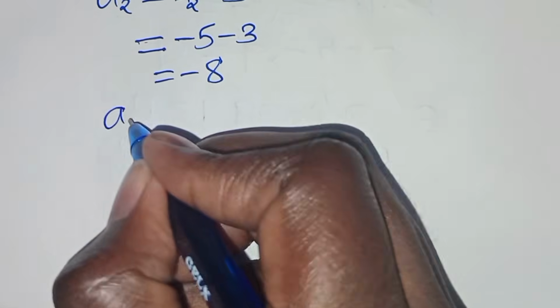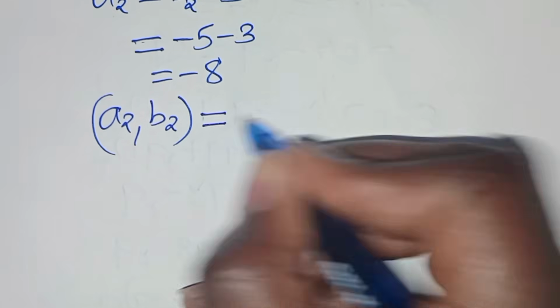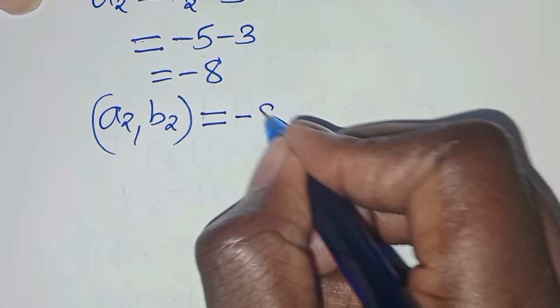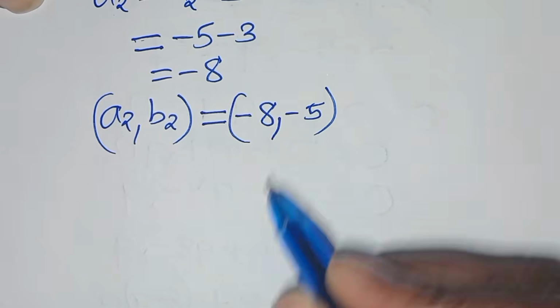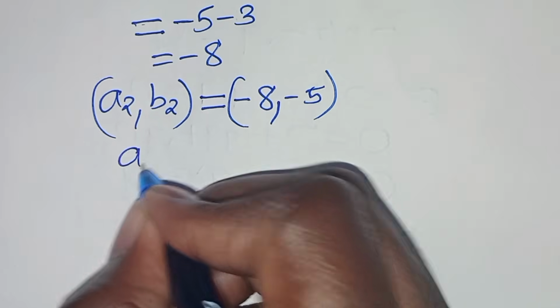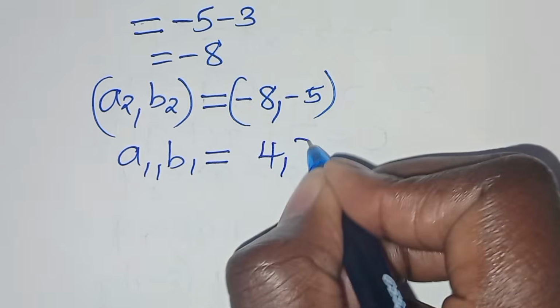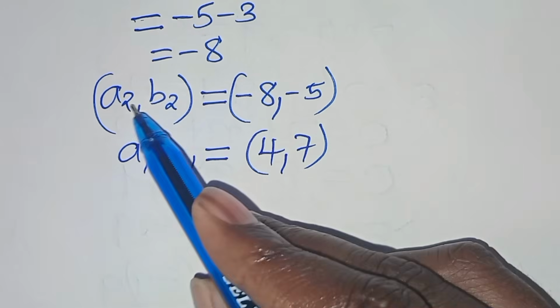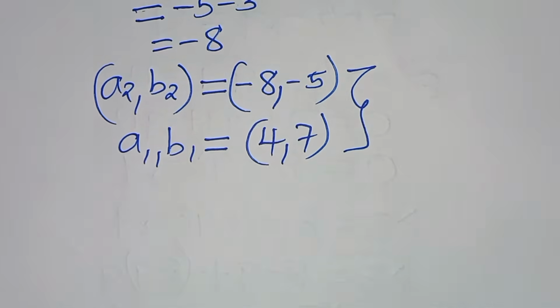Therefore, A2, B2 is equal to negative 8, negative 5. Now, we have two sets of solutions here. We have A1, B1 equal to 4, 7, and A2, B2 equal to negative 8, negative 5. These are the two sets of solutions that we have.